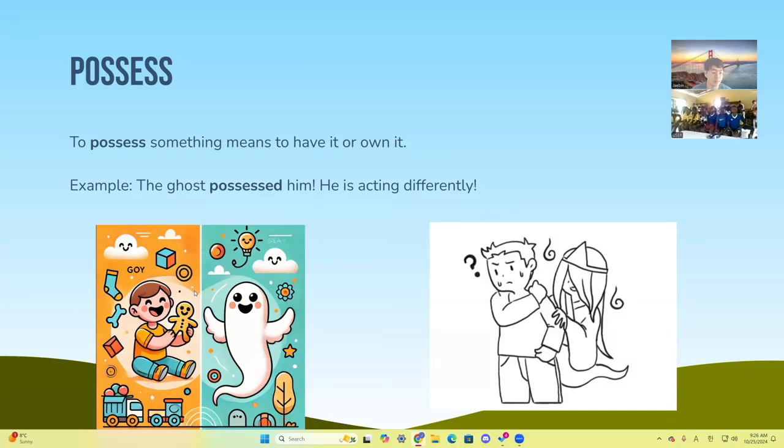Again, it can mean someone having something. It can also mean a ghost or other spirit possessing and controlling someone. So, it can mean the boy having something or controlling something. That means to possess.